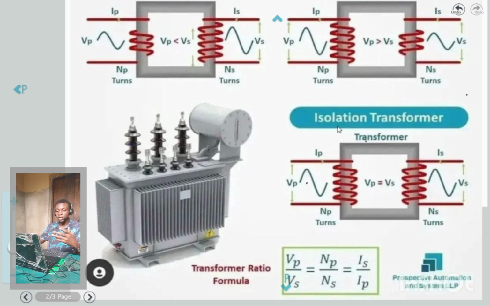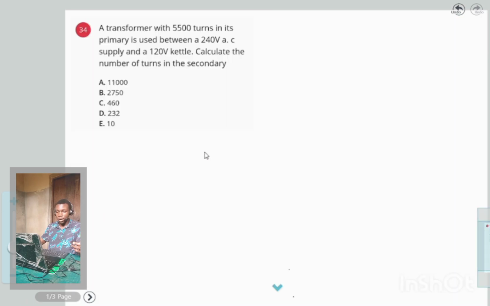On the other extreme end, we have for current, which is an inverse proportion: the current in the secondary coil to its primary coil is also a constant. You can see that for yourself on the board. So now let's use this idea to solve this problem.